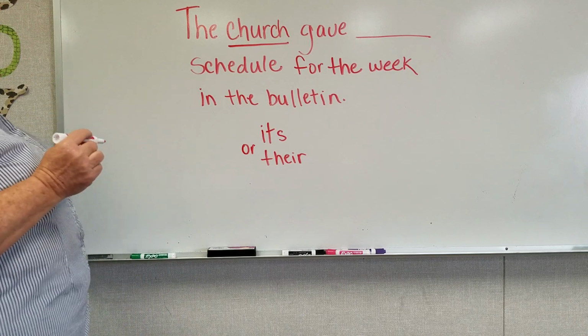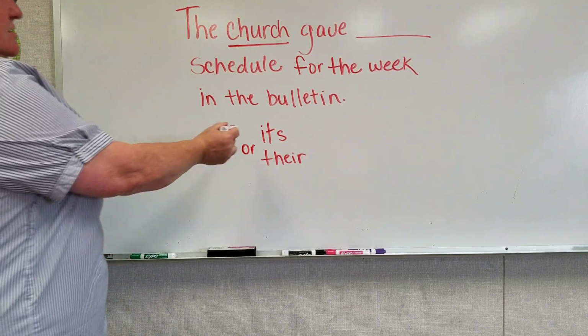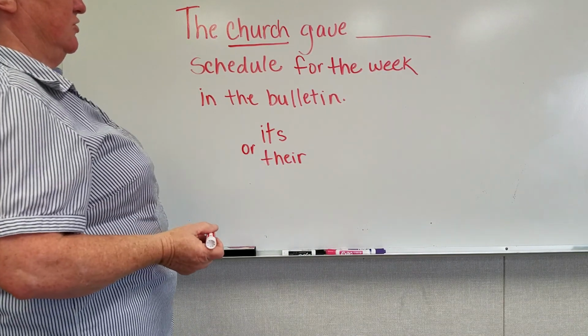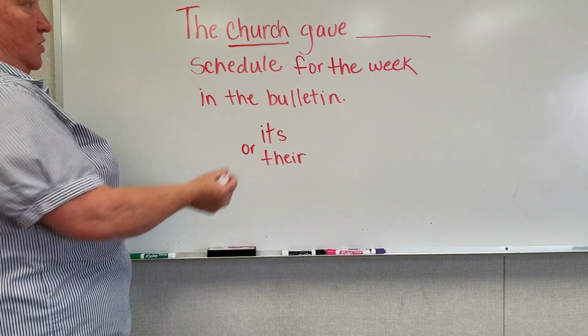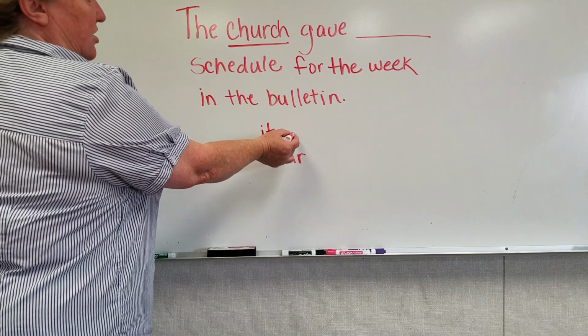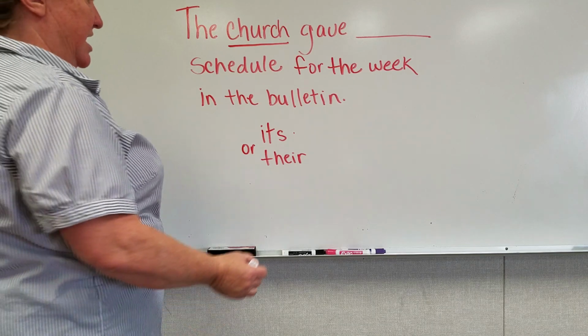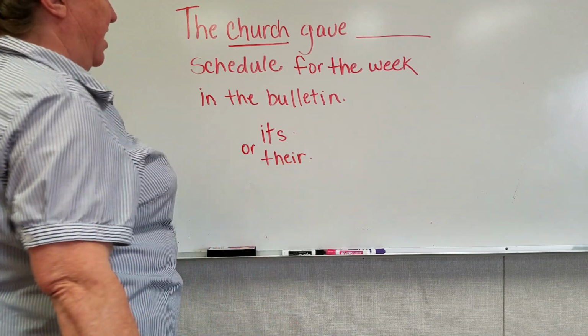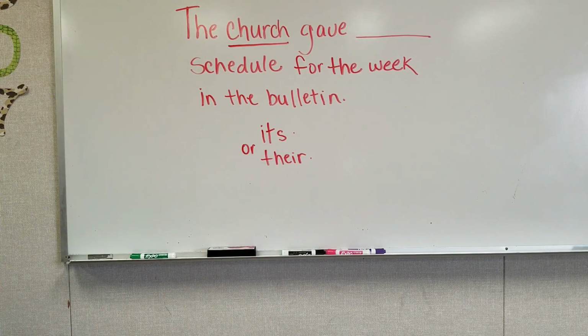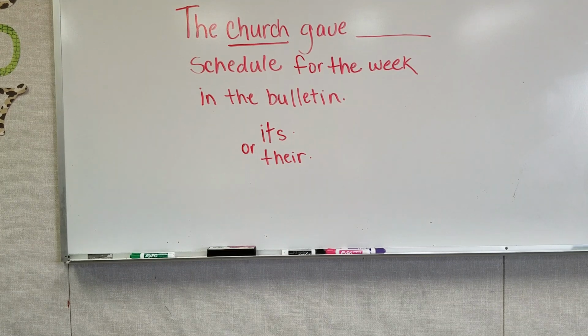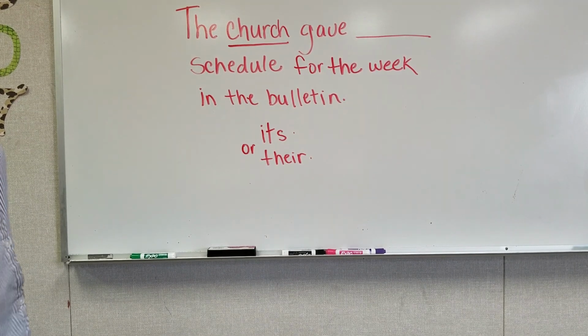The church gave its or their schedule for the week in the bulletin. Which is it? If it's singular, you use its. If it's plural, you use their. Obviously, the church refers to more than one person, but it is a collective noun, so it's seen as singular.